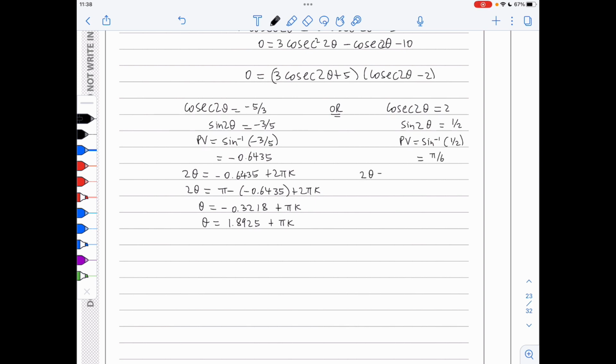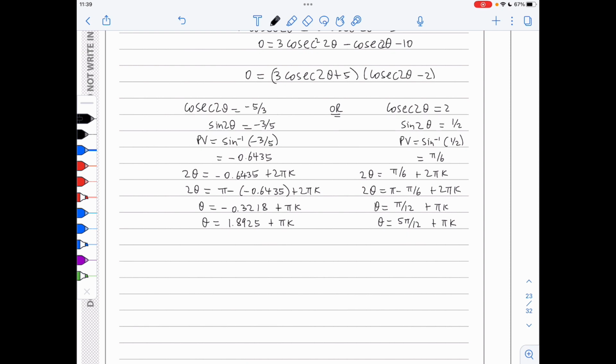So 2 theta is pi over 6 plus 2 pi k, or 2 theta is pi minus pi over 6 plus 2 pi k. I'll divide throughout by 2 to get that theta is pi over 12 plus pi k, or theta is 5 pi over 12 plus pi k.